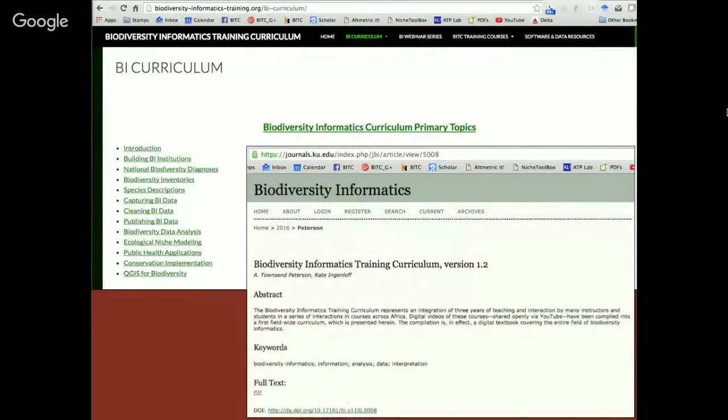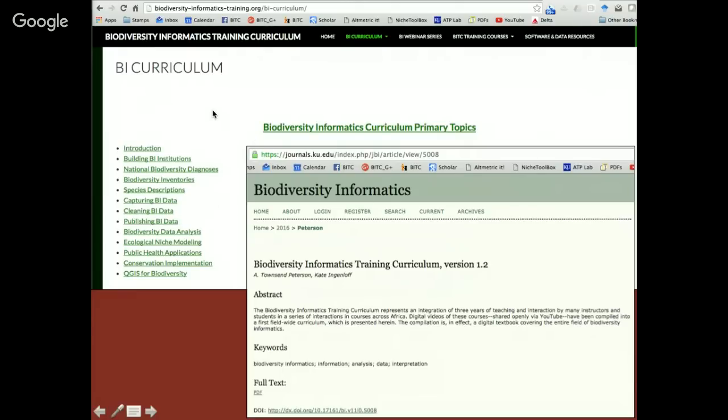I'll just point out that if you want more detail on this topic and related topics, you can go to the Biodiversity Informatics training curriculum. Here's the web page for the curriculum, and there is a whole course on cleaning biodiversity informatics data.